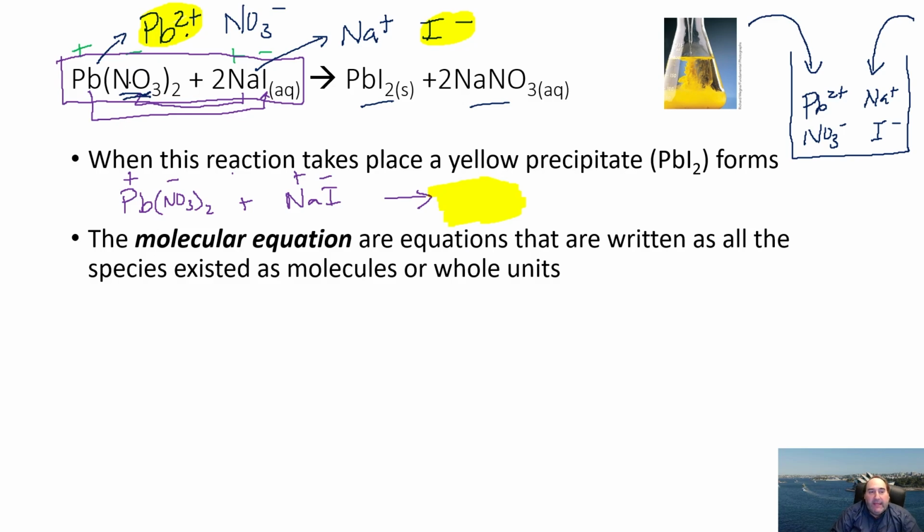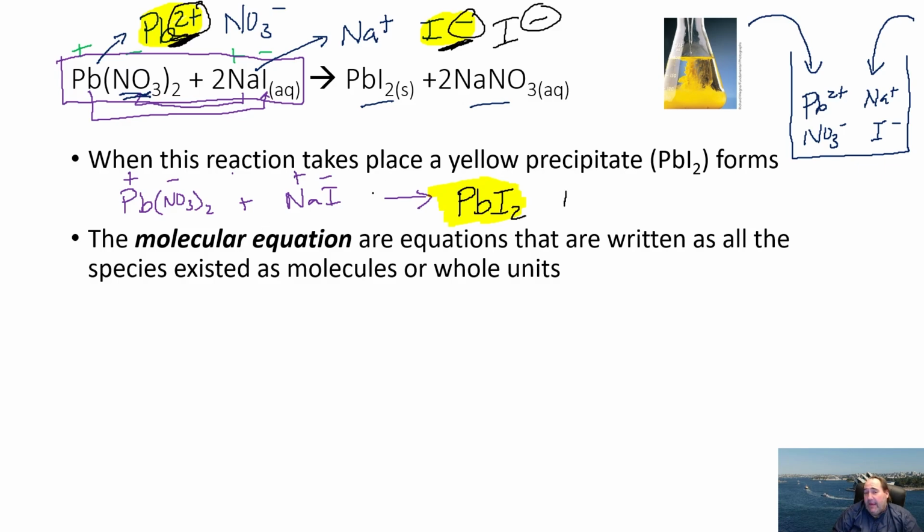That means when this guy that's a +2 comes together with this guy that's a -1, the proper formula should be 1 of the lead and 2 of the iodides. And again, we need 2 of these guys to balance out that +2 charge here. That is the proper formula that we should get.